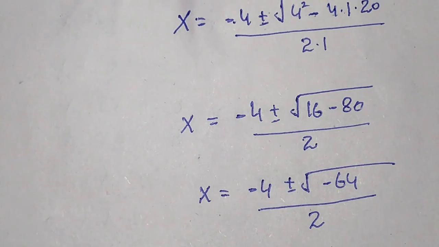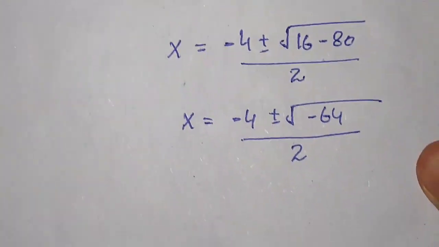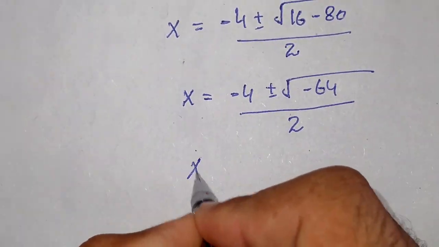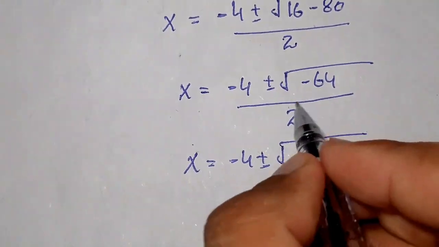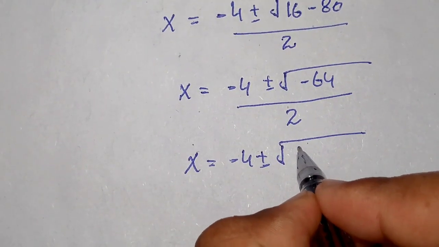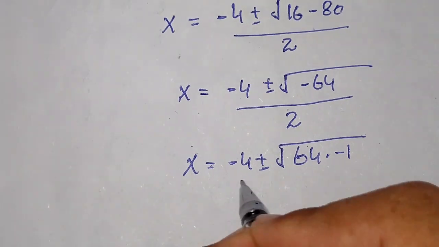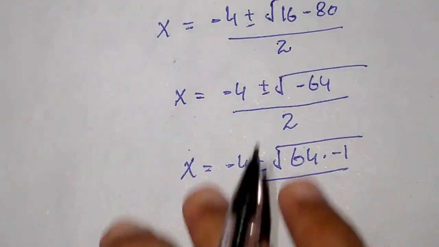Now in the next step, to solve this interesting question, we know that x is equal to minus 4 plus minus square root of, this can also be written as 64 times minus 1, over 2.